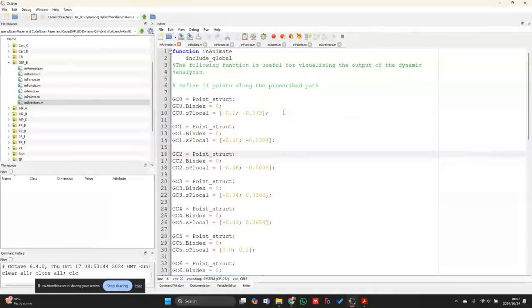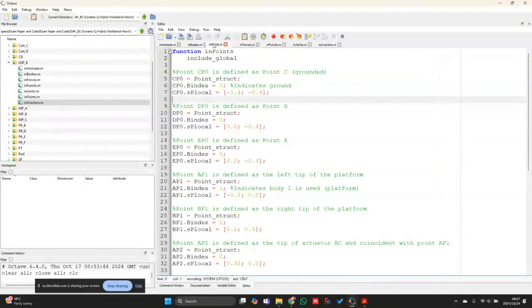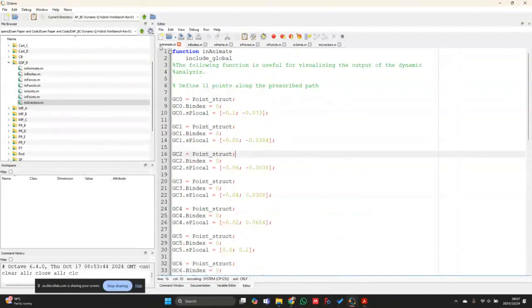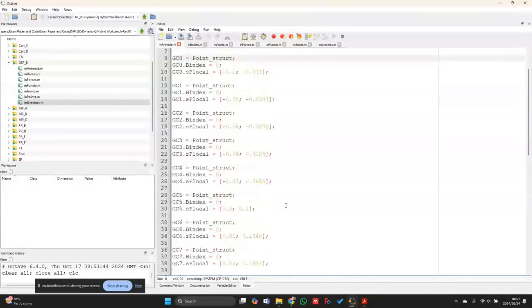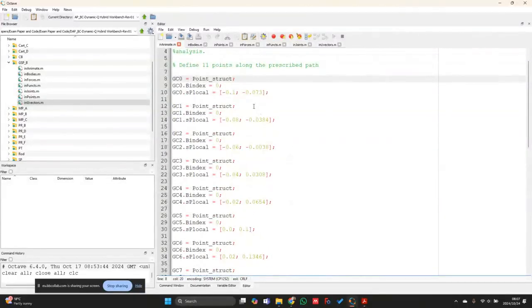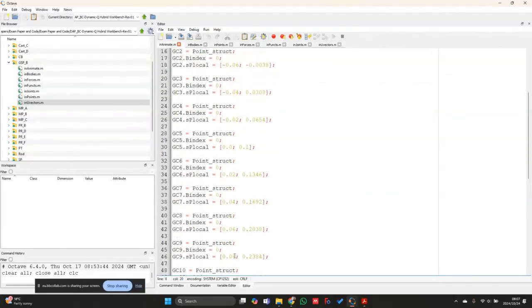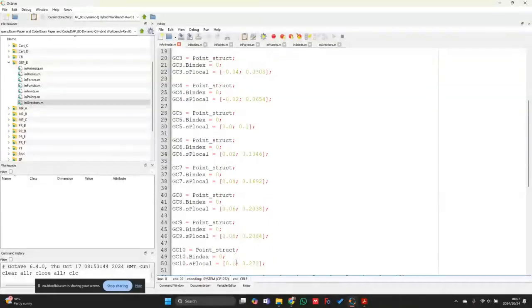I first just want to have a look at the files that were given to us: in_animate, in_points, and in_bodies as well. If we start off with in_animate, you'll notice that you have these GC0, 1, 2, 3, up to 10. These are all of the animation points that we consider. And if you have a look at the values over here, it's -0.1, -0.08, all the way up to 0.1 again.